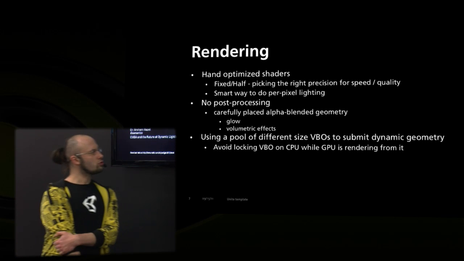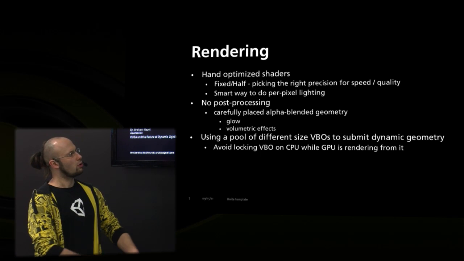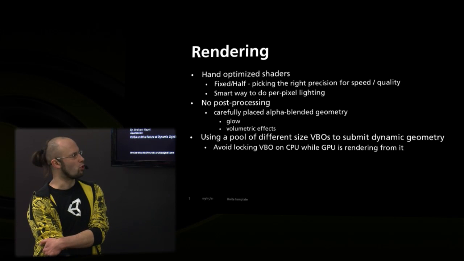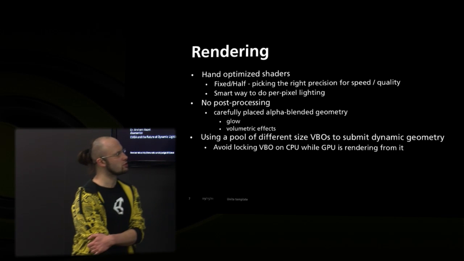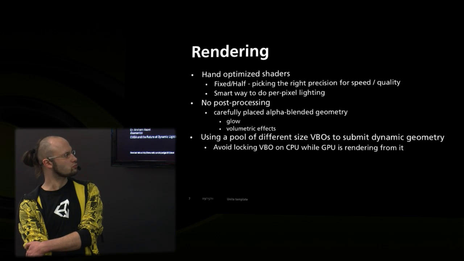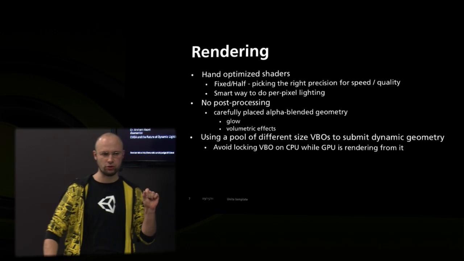In order to get Shadowgun running at 30 frames per second, there were three key points we had to do. The first is hand-optimizing shaders. The most important thing there is to pick the right precisions. Usually you need to use as low precision as possible for all your components.